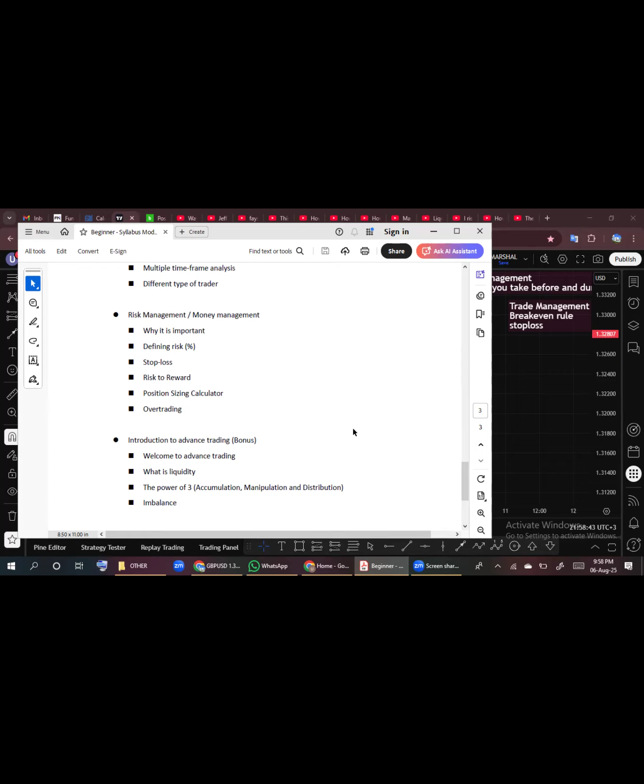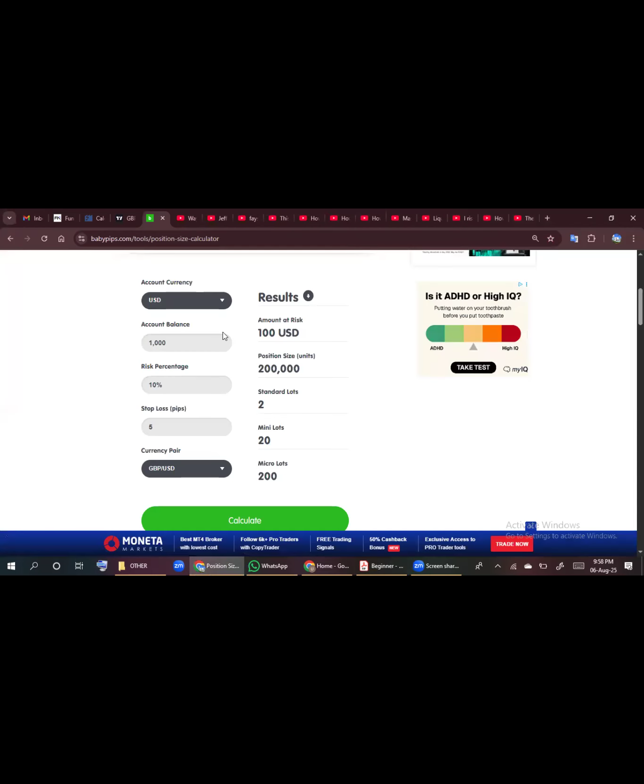Position sizing calculator. So we already know this. Actually there are many platforms that have this calculator. Like this one, for example, I don't think it has for Bitcoin and gold. But there are other platforms that have for Bitcoin and gold.